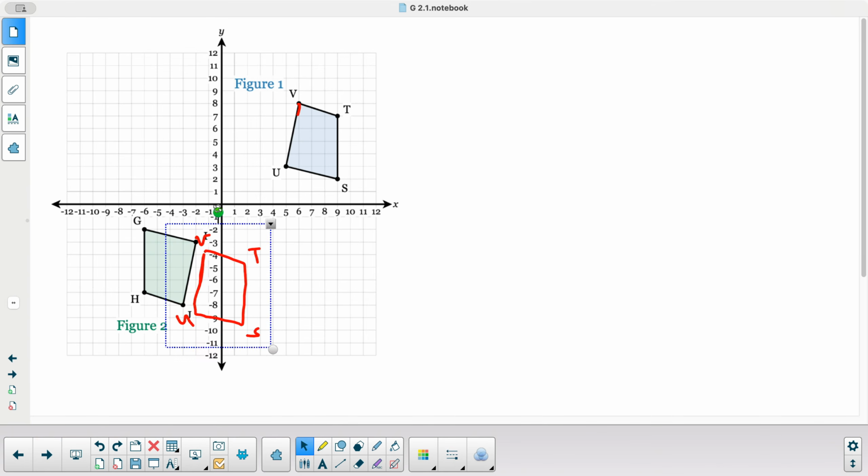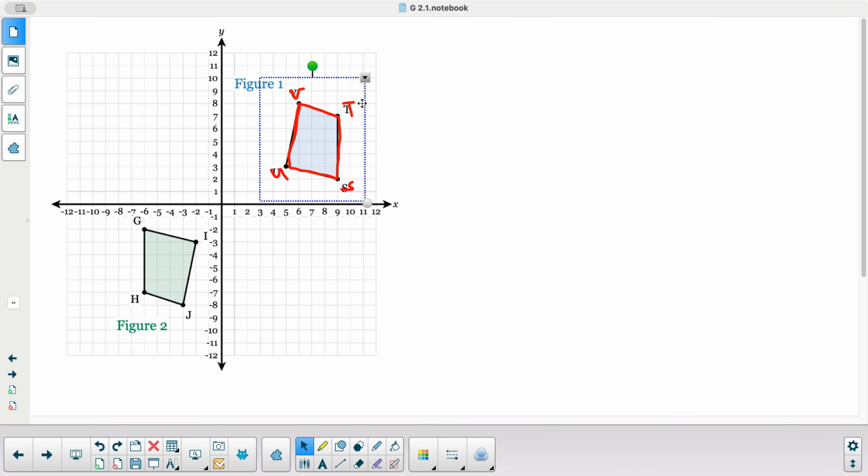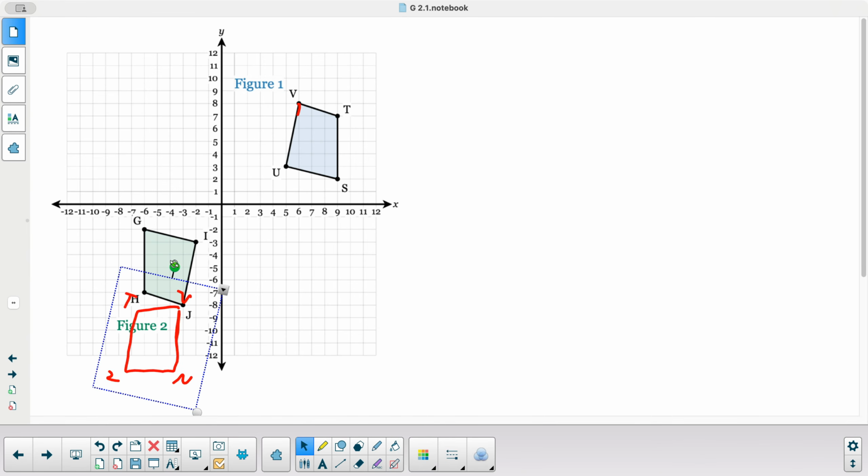Yeah, it's still not right. So I'm probably going to need to do a reflection. I'm going to reflect it to start. And then I can rotate it.